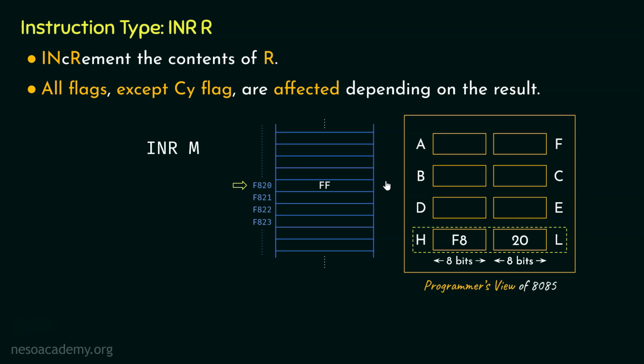But think about it. 100 is a 3-digit hexadecimal number, and the memory location, since these are of 8-bit size, can store only a 2-digit hexadecimal number. So the outcome of the execution of this instruction is going to reset this FF to 00. Now this is the result of incrementation.